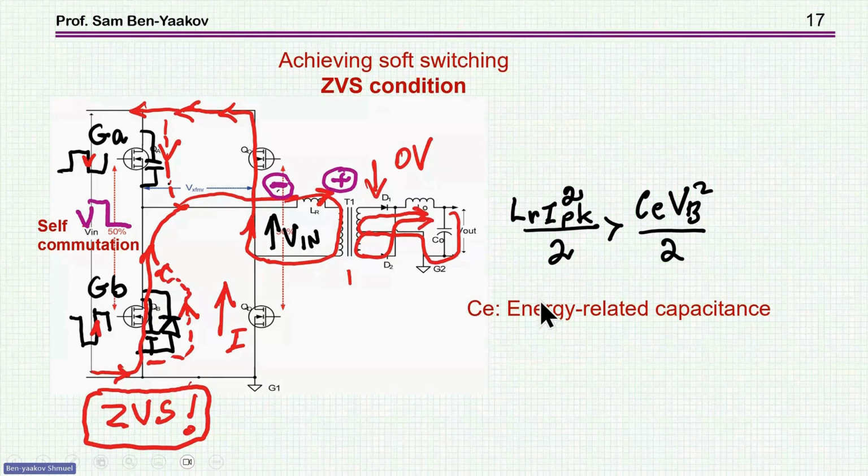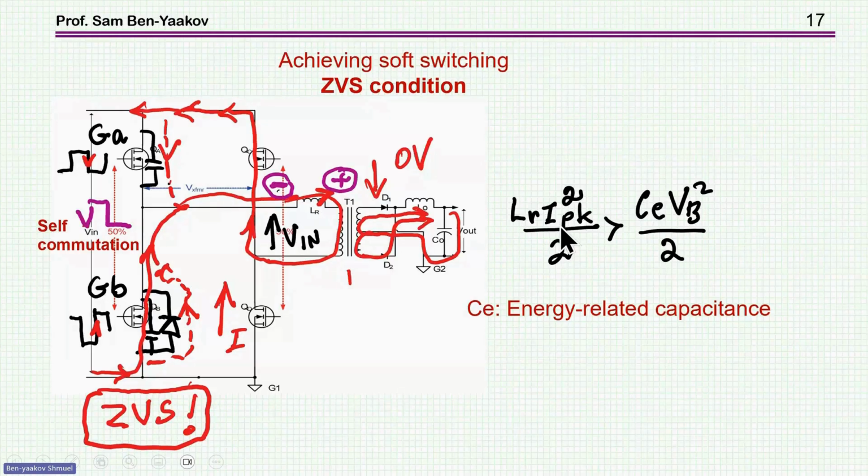So this is just the point of what is the meaning of this capacitance. In any case, clearly, you must have enough energy to charge these capacitors, and it means that either the current is high or the inductance is large.